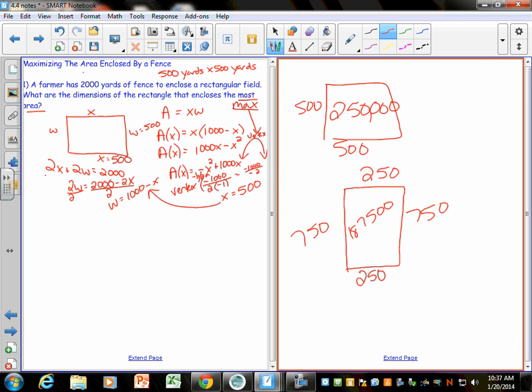And so that's where making a square, maybe you'll notice this, that usually if you're trying to maximize area, making a square will always get you the biggest area. We could go really long and thin, like if this was 1 yard by 1 yard.